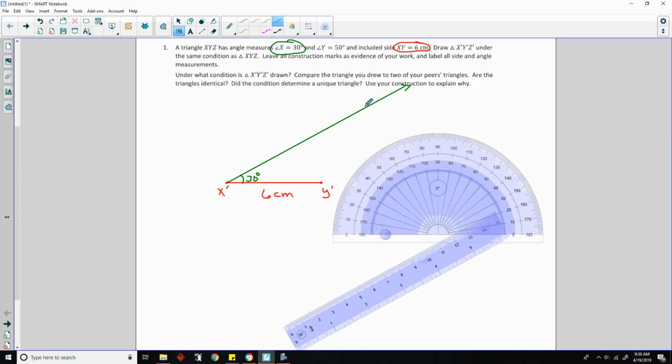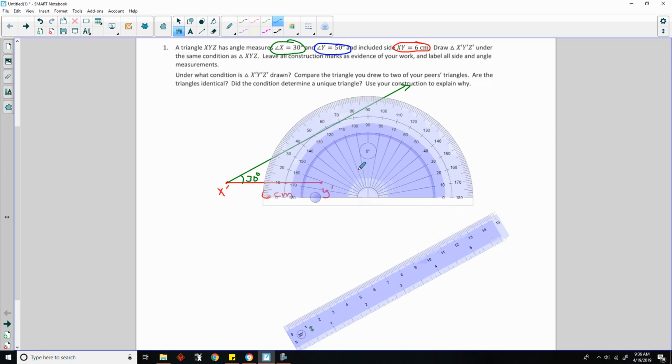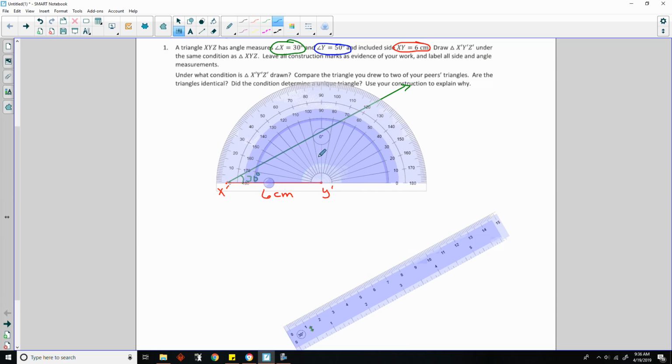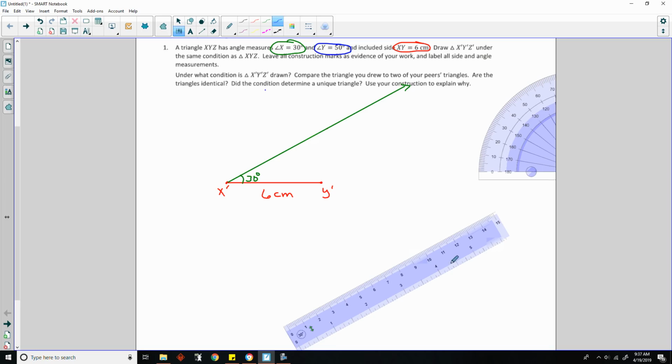And now I'm going to create an angle Y of 50 degrees, and that means that I need a ray coming this way to form an angle at 50 degrees. So I put my crosshairs right on Y prime. Make sure segment X prime Y prime is right on the 180-degree line of the protractor. And then I find 60 degrees, so I'm going this way, so I want this 60. So I'm going to put a dot up here. Move my protractor out of the way.